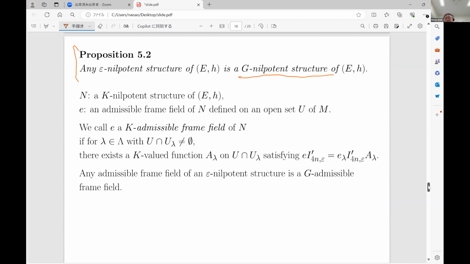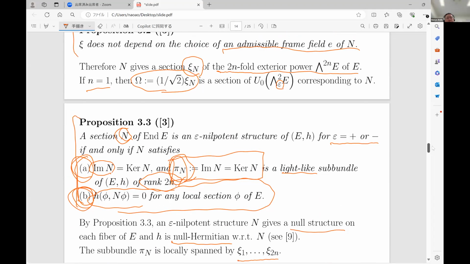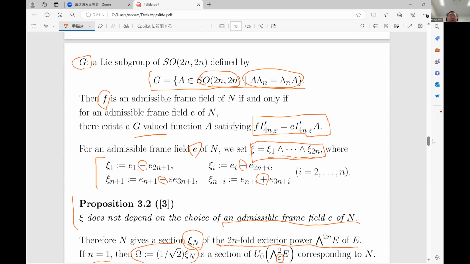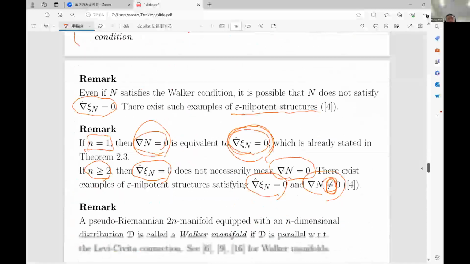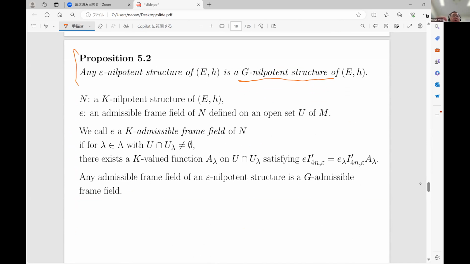This is seen from this fact: the relation between two admissible frame fields of an epsilon nilpotent structure is given by a G-valued function. So we obtain proposition 5.